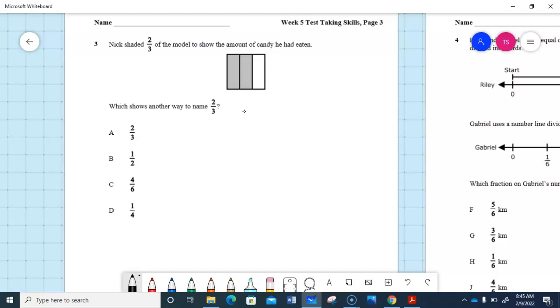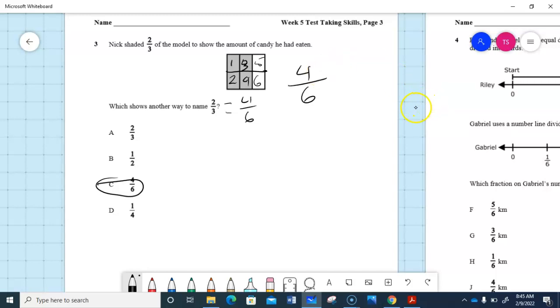I could break this in half, and then I would end up having four parts shaded, and there's 6 total parts. So I can say that 2/3 is equal to 4/6. Because I didn't erase any of the part that's shaded, it's still the same amount shaded, I just broke it into more parts. So I can say that C is the same amount as 2/3.